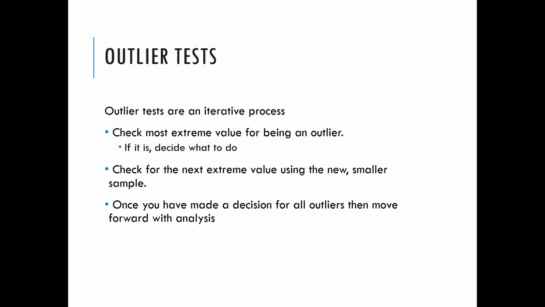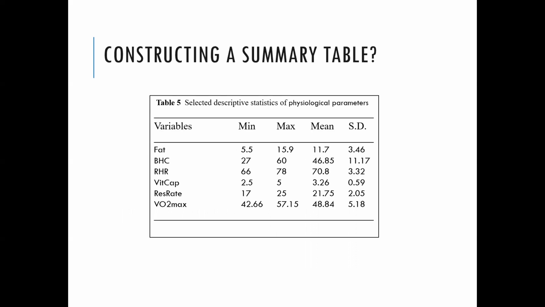Then we would look at our new sample that has that one observation removed, and check for outliers in that newer, smaller sample. And then we just continue on. So that's what I mean by an iterative process. And then once you've made a decision for all outliers, you can take that new data set with the outliers removed or somehow handled and accounted for, and then you can move forward with your analysis.